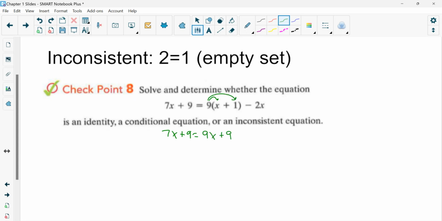So I get 9x plus 9 from distributing. Combine our like terms. We get 7x plus 9. So I get 7x plus 9 equals 7x plus 9. It's like that equation is looking at the mirror and saying the same thing, right? So that would be our identity. So it's an identity equation.